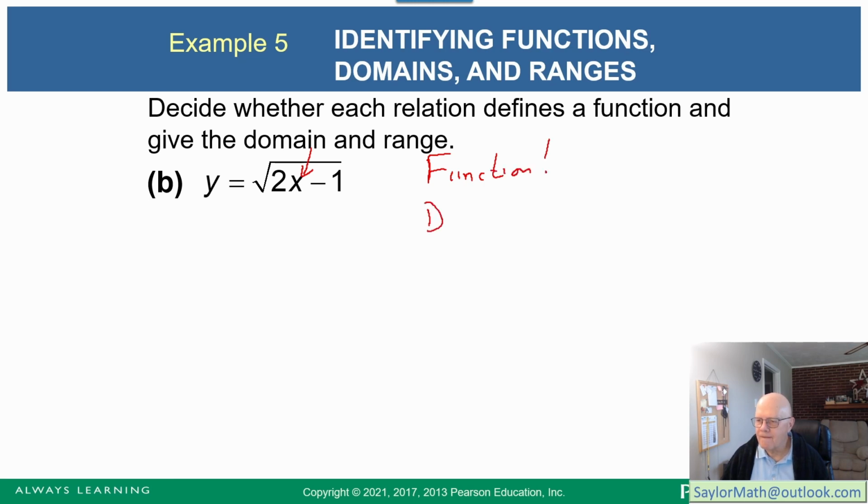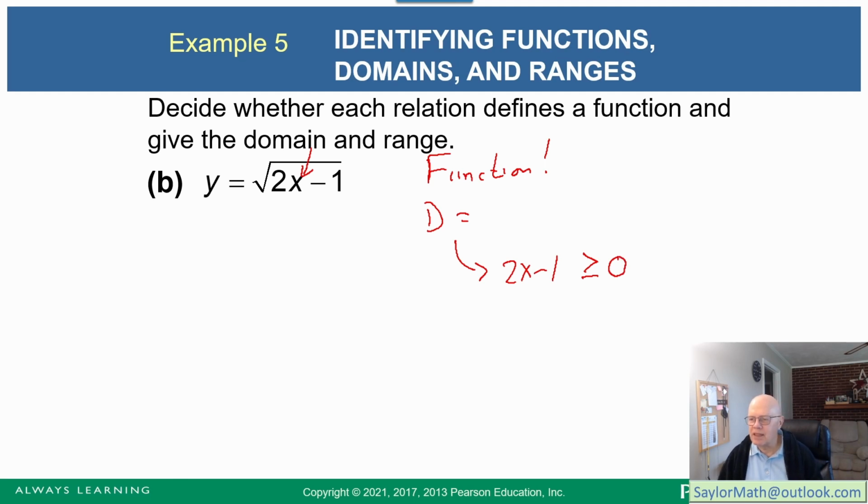About the domain. Okay, we've got something interesting going here. Because notice that the 2x minus 1 can't be negative. We can't take the square root of a negative number, which means 2x minus 1 has to be greater than or equal to 0.